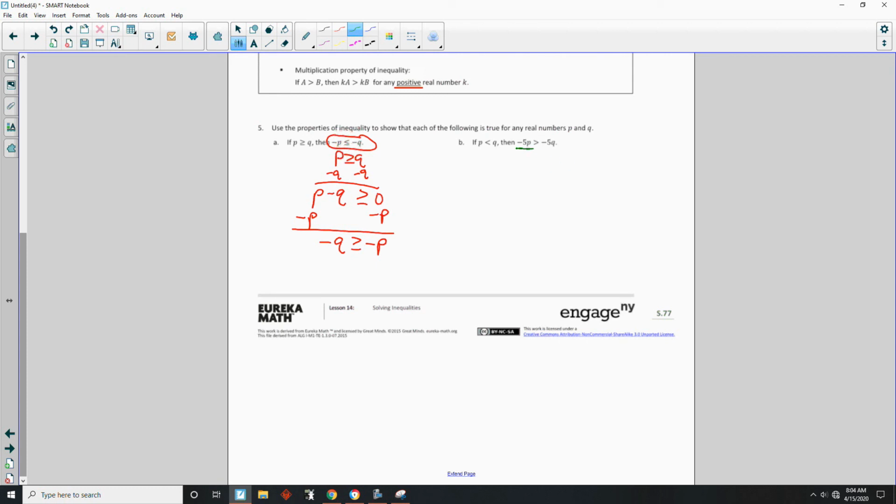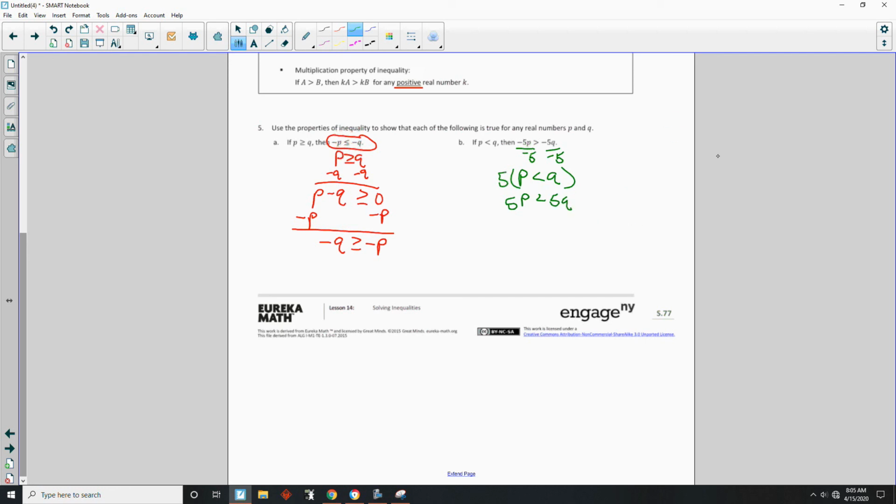So if I divide this by negative 5 and divide this by negative 5, I'm going to get these to cancel. I'm going to get p is less than, these cancel, q. All right. So now I want to see if I can get this on the other side. So I need to multiply both sides by 5. So in doing so, if I multiply this whole thing by 5, I get 5p is less than 5q.